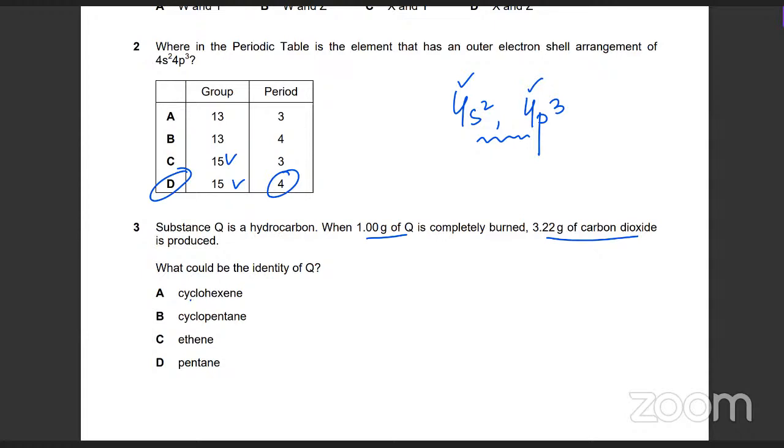So can anyone tell me what the formula of cyclohexene is? How many carbons would it have? 6. ठीक है. And it's like a benzene? नहीं, लेकिन benzene में hexene will just have one double bond. ठीक है. So there's going to be 1 H, this will have 2 H's, this will have 2 H's, this will also have 2 H's, and this one will also have 2 H's.